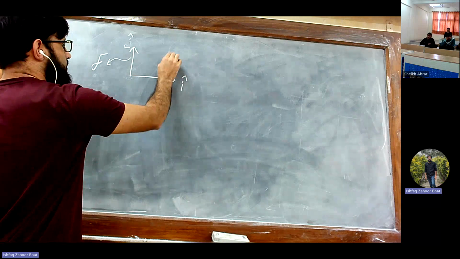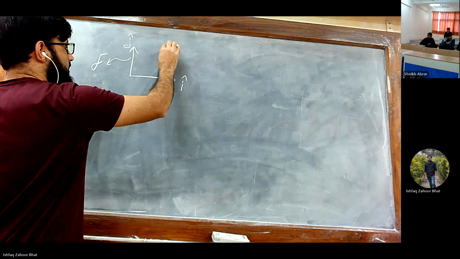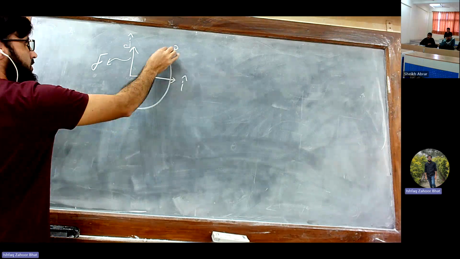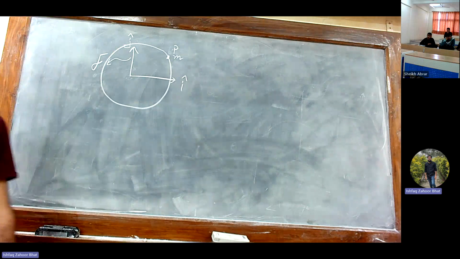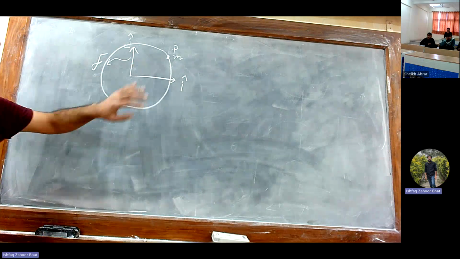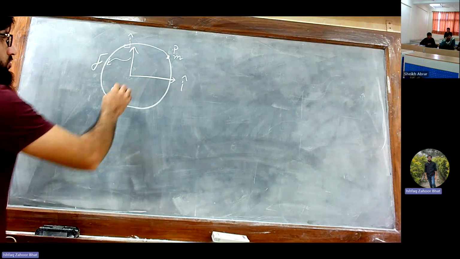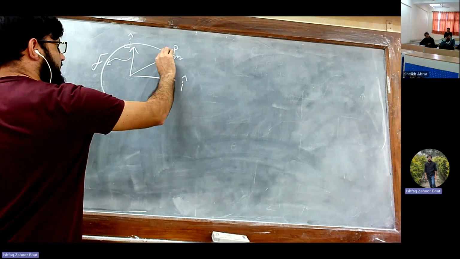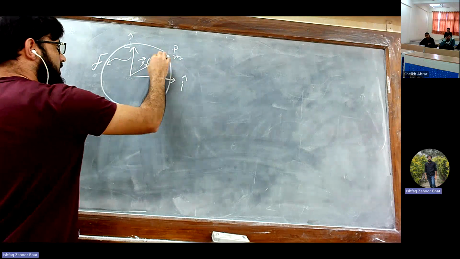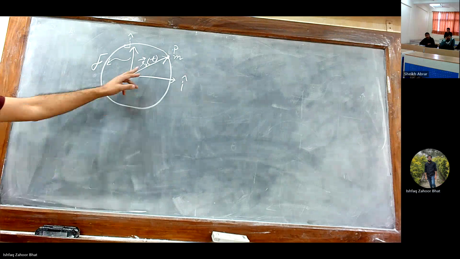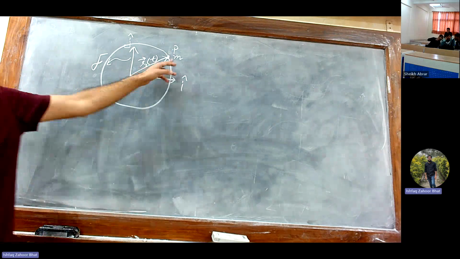And we have a particle which had a mass of m, and this mass m was revolving around this circle. So we defined a vector r of t, where r of t is the position vector of this mass m.